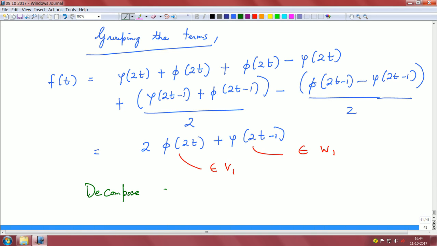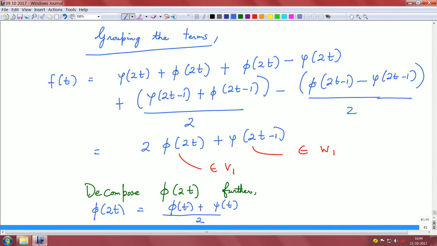Decompose phi of 2t further. So, what we get is phi of 2t is basically (phi of t plus psi of t) upon 2.